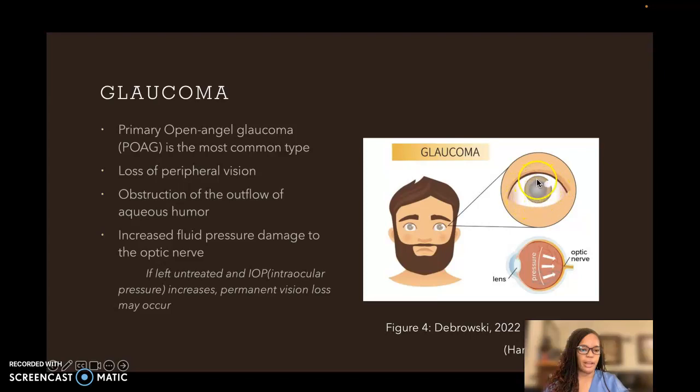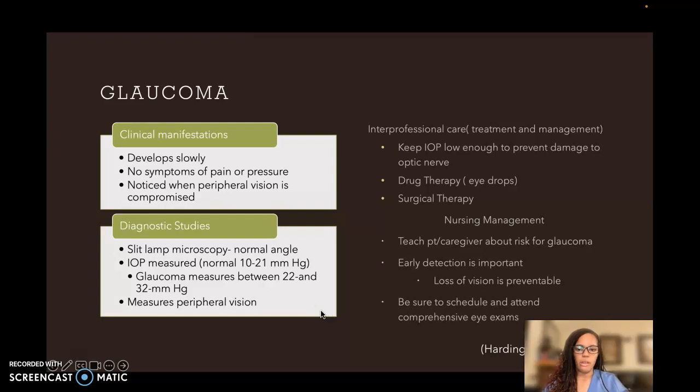So that's indicating glaucoma, and the more pressure that gets created back here, if left untreated, can cause permanent vision loss. Some clinical manifestations of glaucoma develop slowly, with no symptoms of pain or pressure. It's noticed when the peripheral vision is compromised.